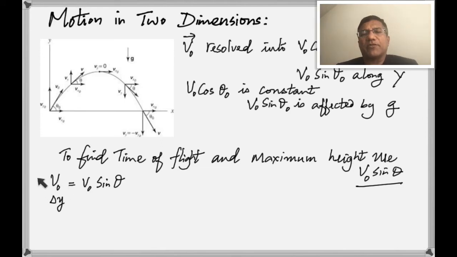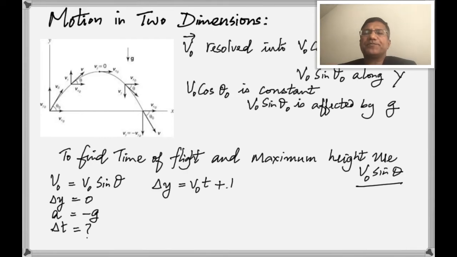V naught is just the symbol of initial velocity, which in this case is V naught sine theta. And what is delta y as it goes from A to B? Delta y is 0. It doesn't go anywhere vertically. And a is negative g, and t is what we are trying to find. So the equation that has all four of these is delta y equals V naught t plus half a t squared. So plug it into that equation.